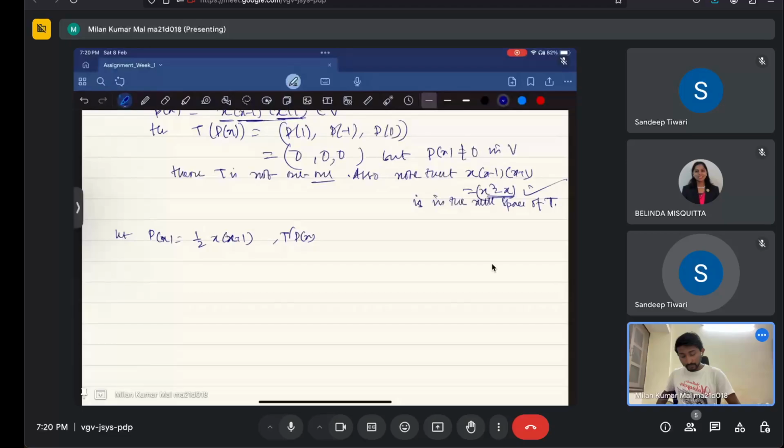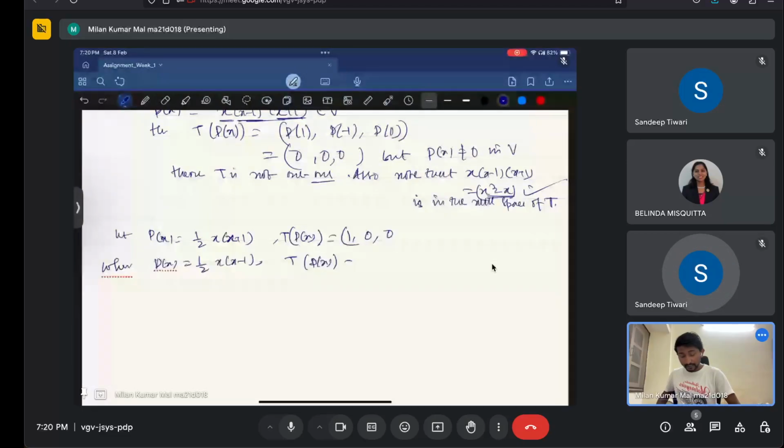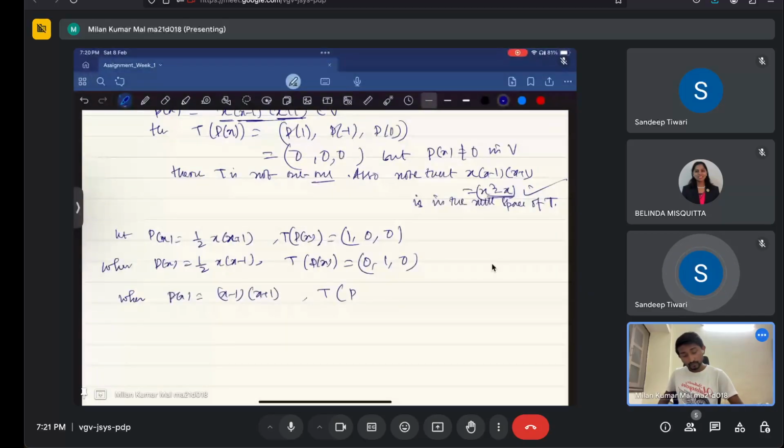And when p(x) equals x minus 1 times x plus 1, then p(1) is 0, p(-1) is 0, and p(0) is actually minus 1, so better to write minus 1, so this will be plus 1.